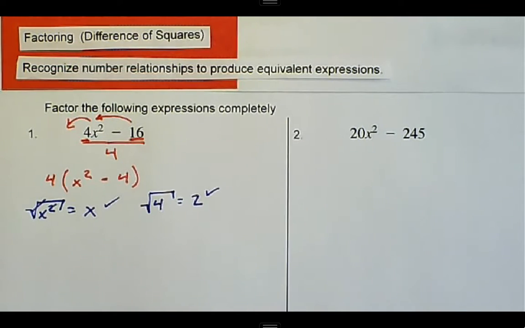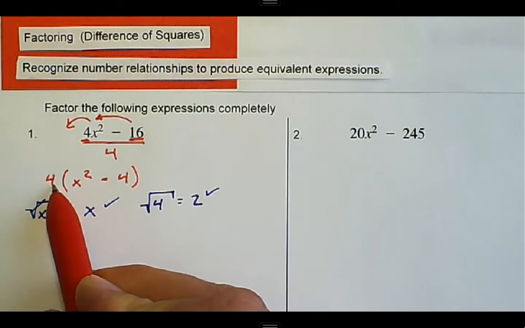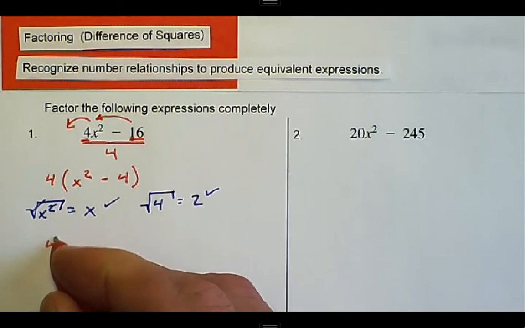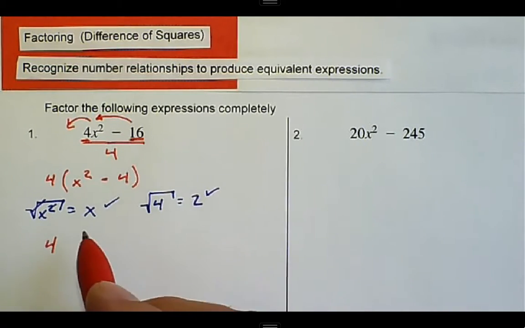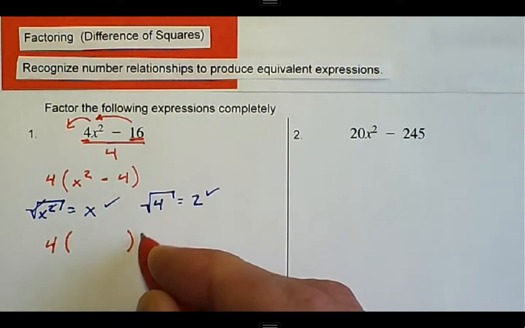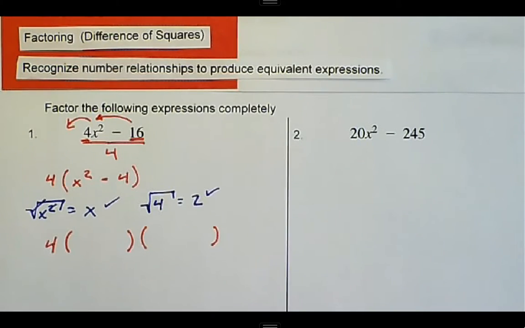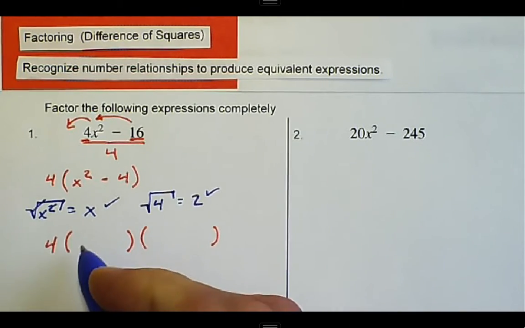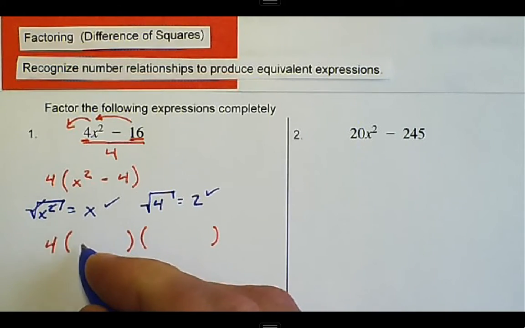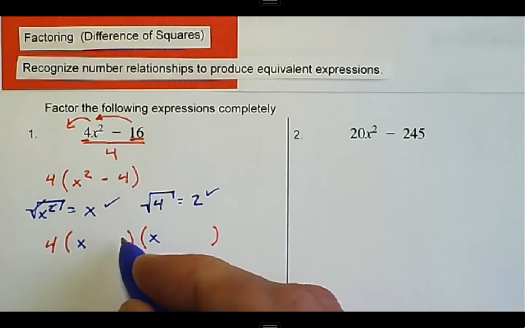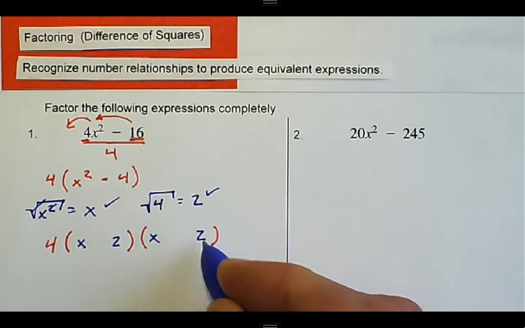We have the 4 that we still need to keep because we factored that out originally. So we have the 4 factored out, and then we're going to make two binomials multiplied together. We take our two square terms and substitute them into the binomials. x is going to be the first term of both binomials, and 2 is going to be the last term of both binomials.